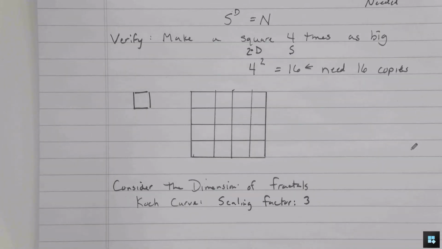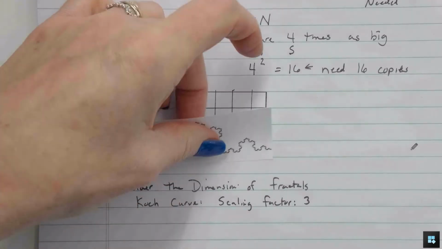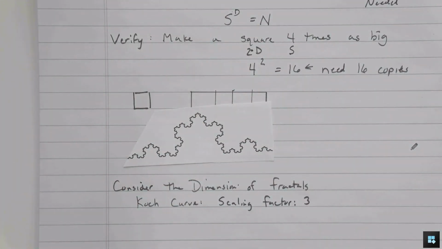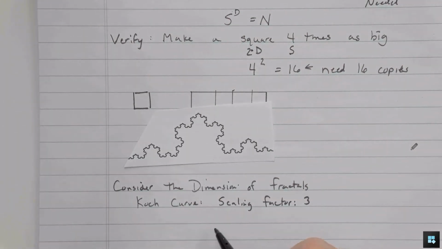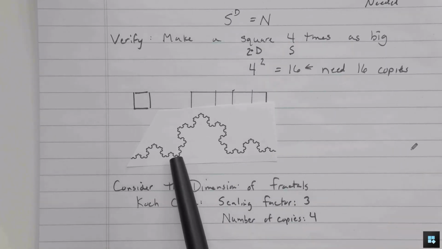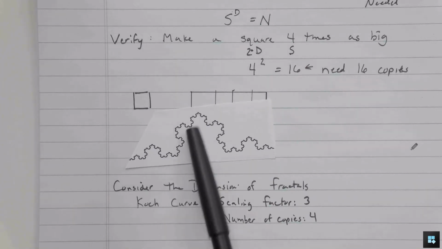So the scaling factor is 3. We're making a Koch curve that's 3 times the width of this little Koch curve right here. The number of copies we needed? 4. 1 copy of this little piece, then another here, here, and here.